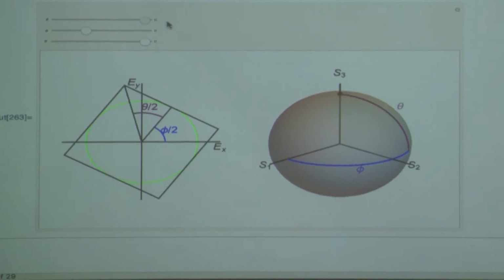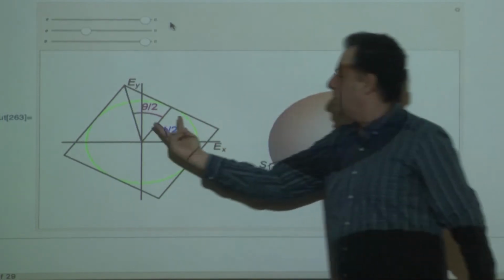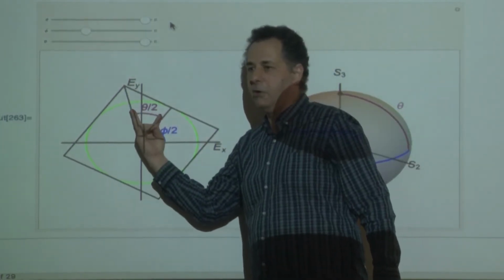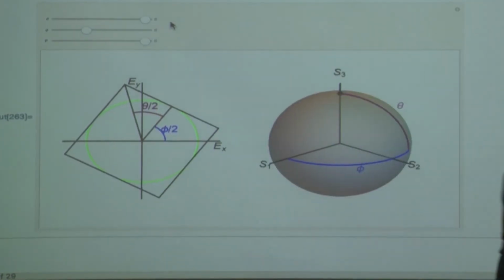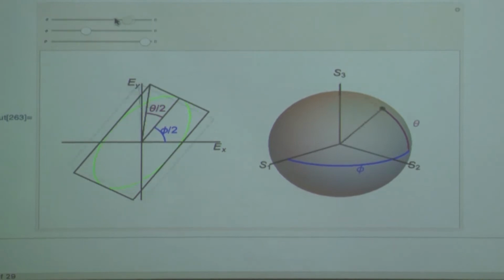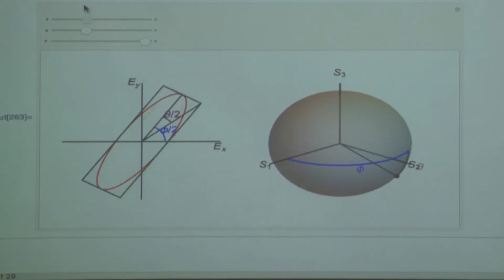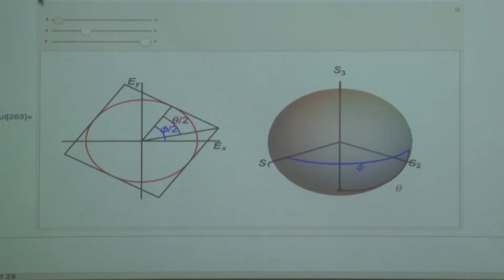For a circle, this is pi over 4, but because I also choose to put a half there, it's pi over 2. And then for linear it is 0, and for the opposite handedness it is minus pi over 2.